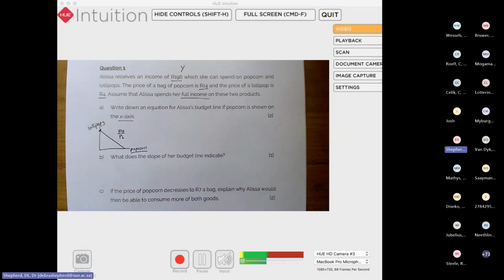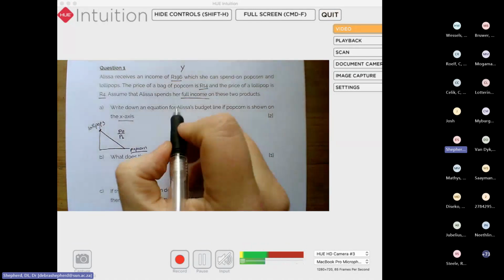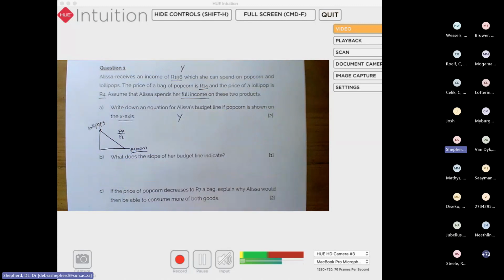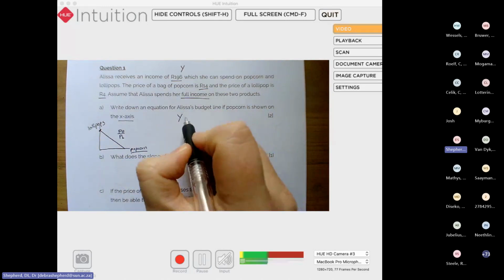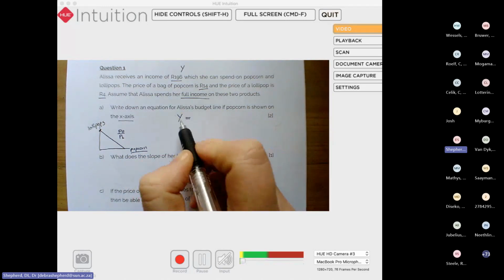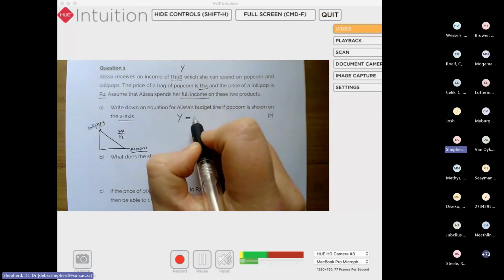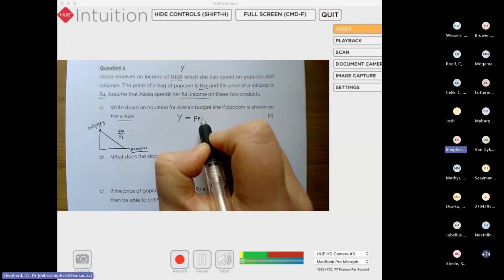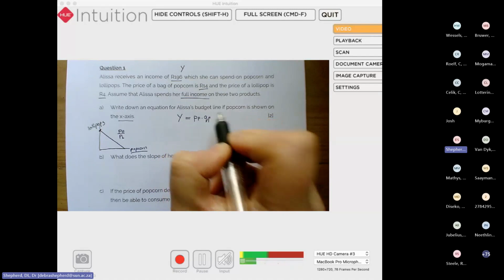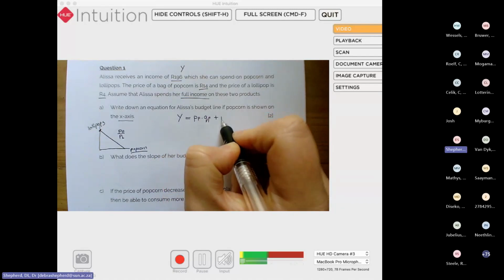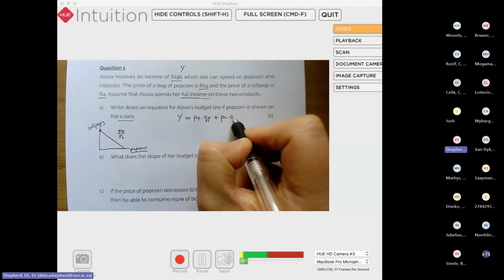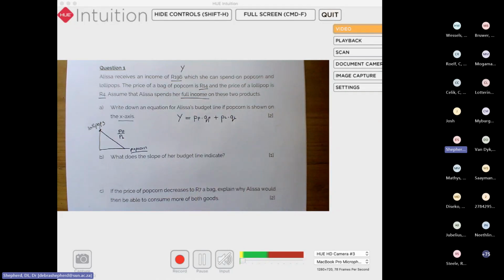So just like with the isocost line in Unit 2, I like to present this equation by first explaining it in terms of everything that you have to spend gets spent. So income is going to be equal to the price of popcorn times the quantity of popcorn plus the price of a lollipop times the quantity of lollipops.